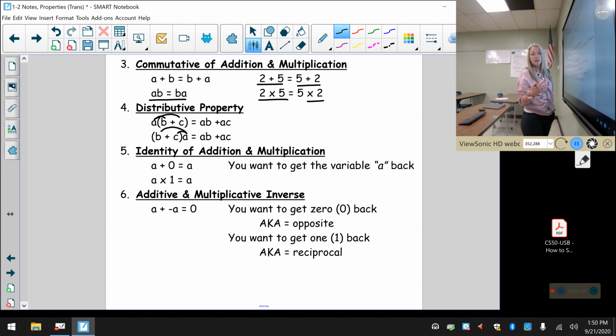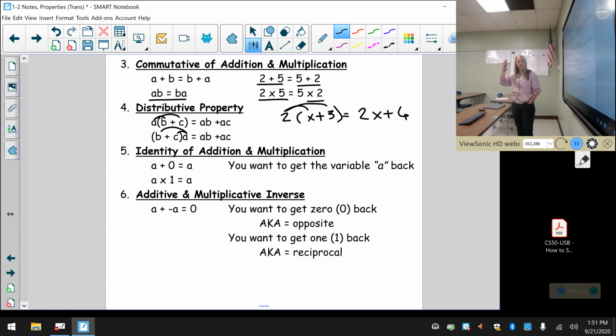If you want to see it done with an example, if I have 2 times x plus 3, if I jump the parentheses, I get 2 times x, or 2x, plus 2 times 3, which is 6. And it can also be done backwards. If the 2 were in the end, you could do it the other way.